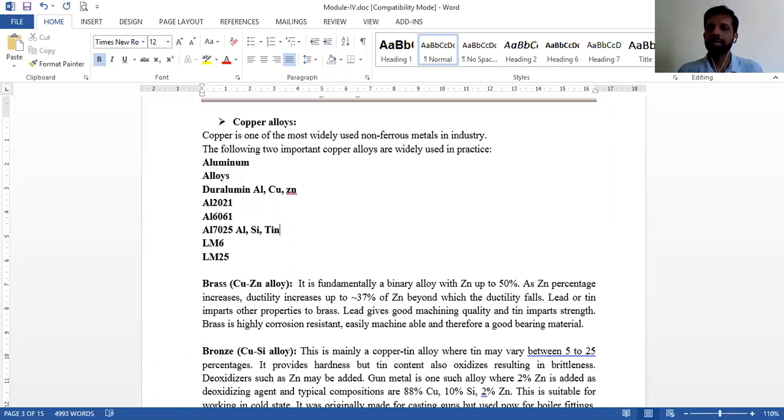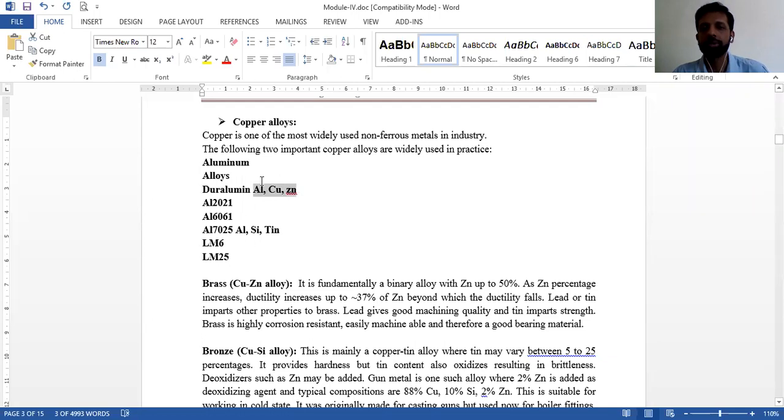So like that, different combinations of metals and non-metals are made to form the alloys. Because of this variation, the properties will vary. Based on that, for a particular alloy they will see the hardness, tensile properties, ductile properties, compression strength, corrosion resistance, all these things, and based on those values, the application can be decided.